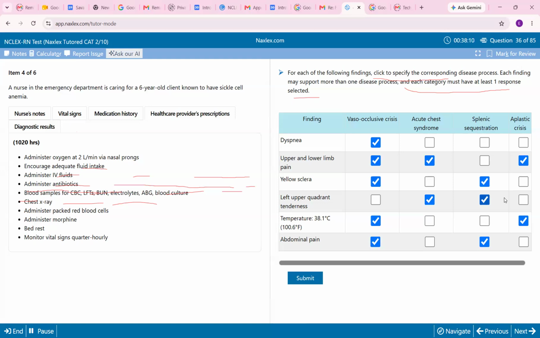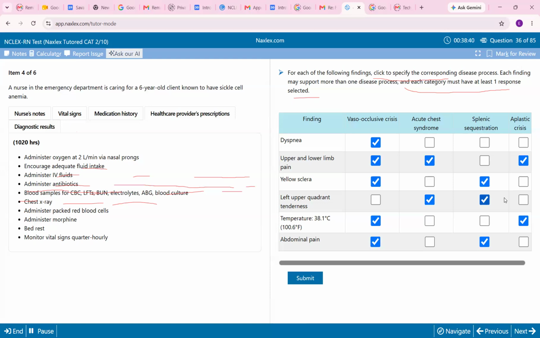The main signs and symptoms are left upper quadrant pain, because the spleen is located in the left upper quadrant of the abdomen, an enlarged spleen, sudden weakness, pallor, tachycardia, and hypotension. Hypotension, why? Because the circulatory blood volume is low, since the blood volume in the spleen is increasing, and it can lead to hepatomegaly.